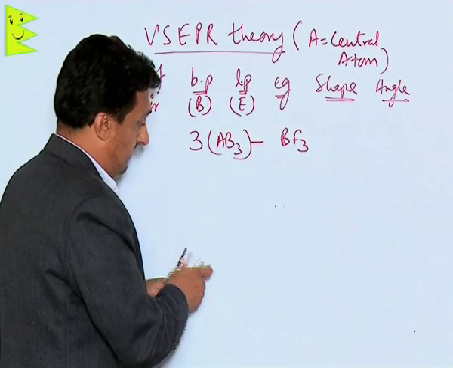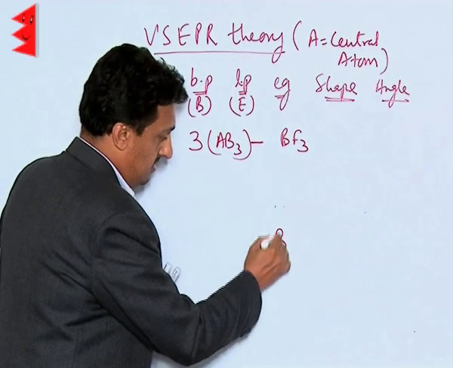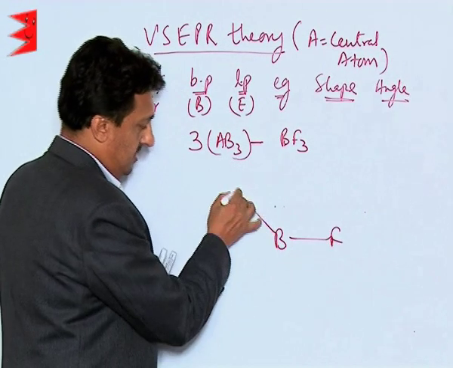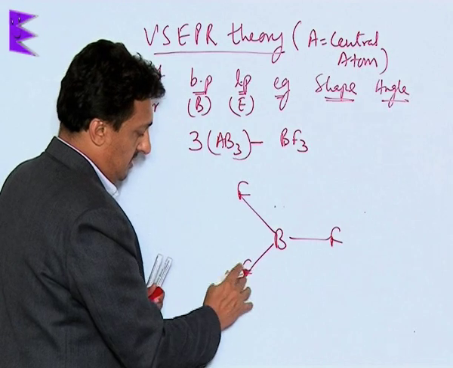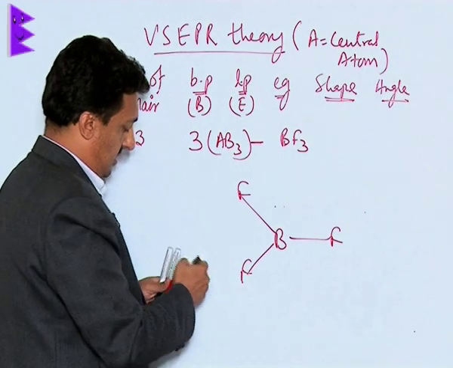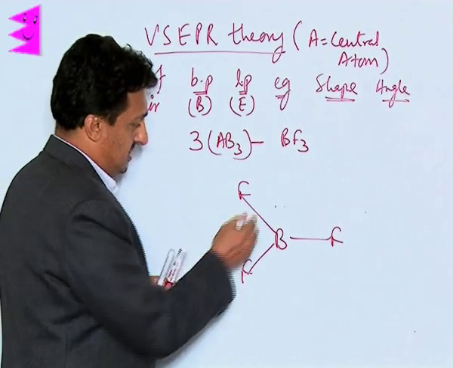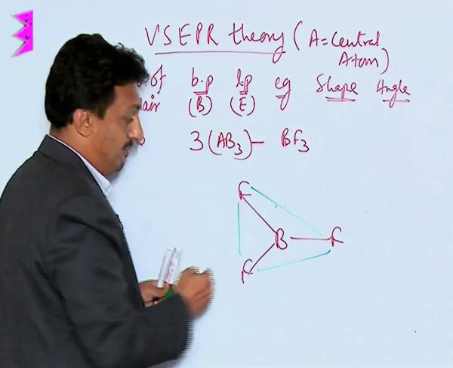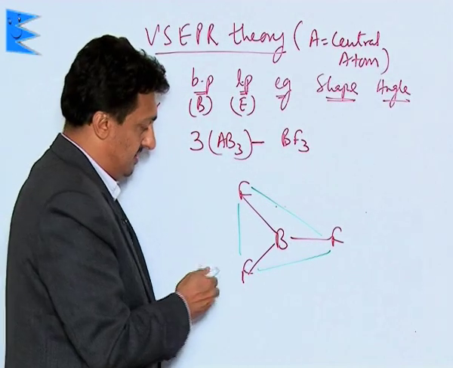It becomes boron, fluorine, fluorine, and this is the fluorine. So the shape is trigonal planar.